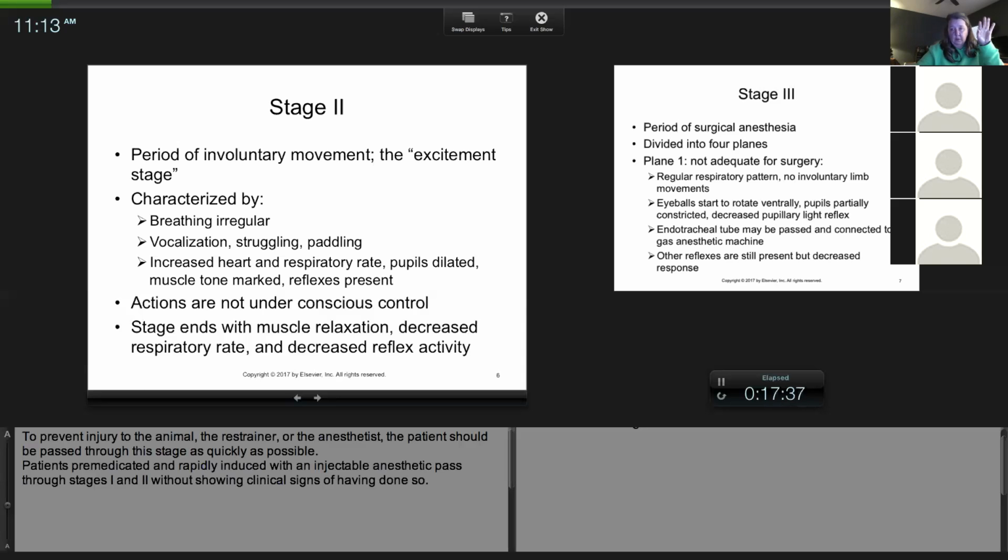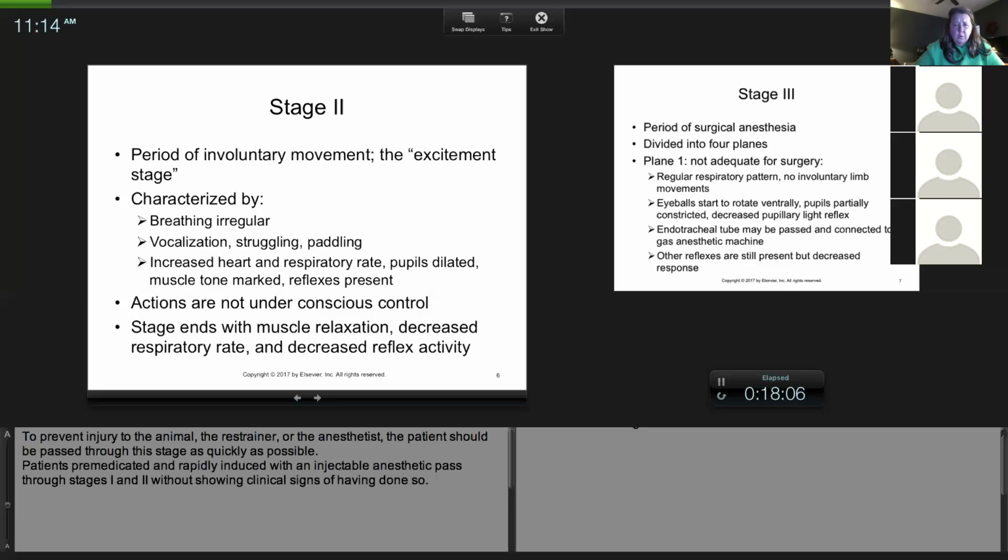If I have a dog that's sleepy on the pre-meds and the student gives the propofol properly, they will go right from stage 1 to stage 3. They pass through stage 2, which should only last about 30 seconds to a minute or two. You don't want them in stage 2 because this is paddling, vocalizing, struggling. It's kind of like they don't know where they're at.